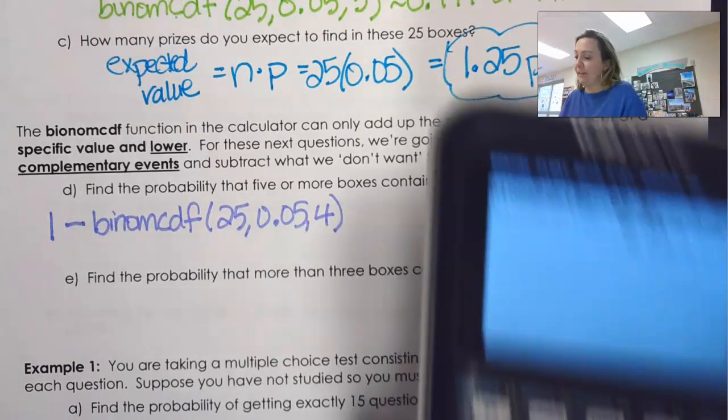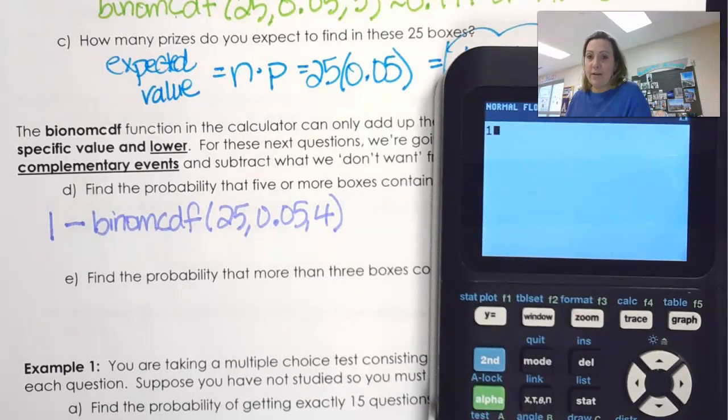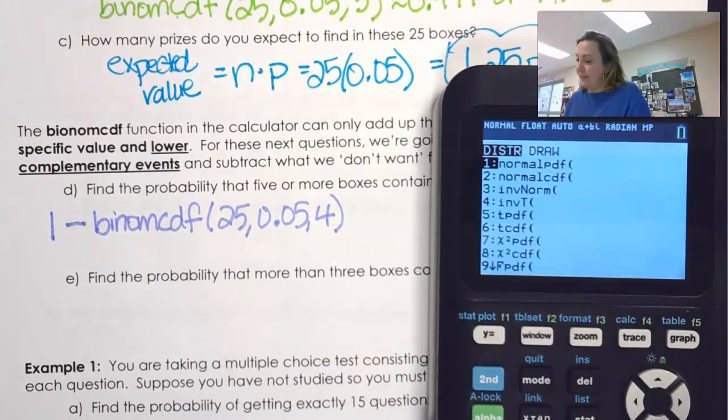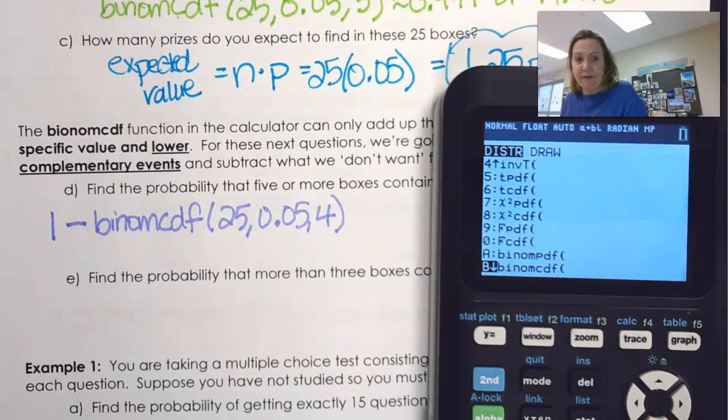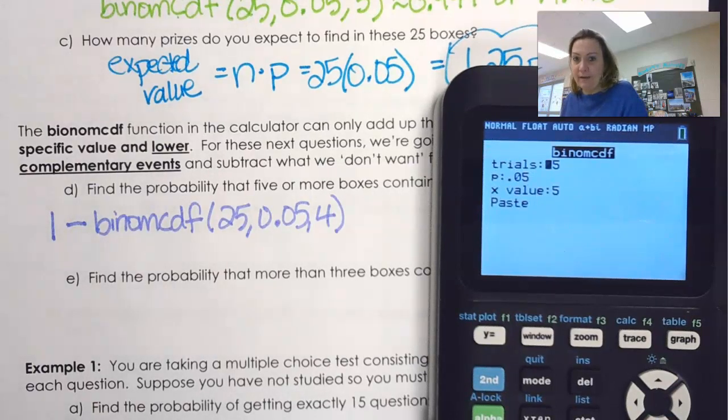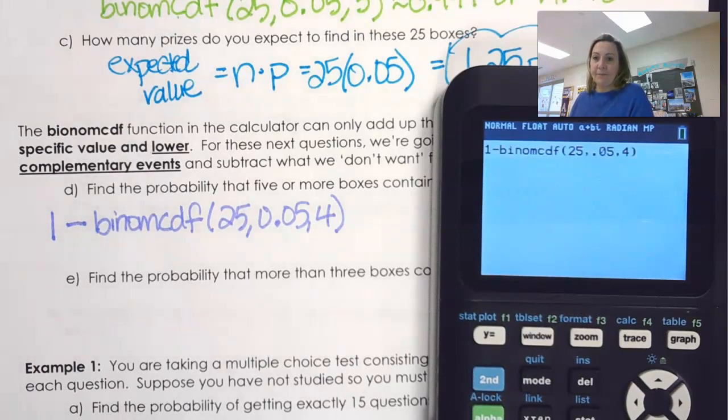We can just put that in the calculator as is. 1 minus second vars, then binomial CDF, then 25, 0.05, and this time we're subtracting off 4.